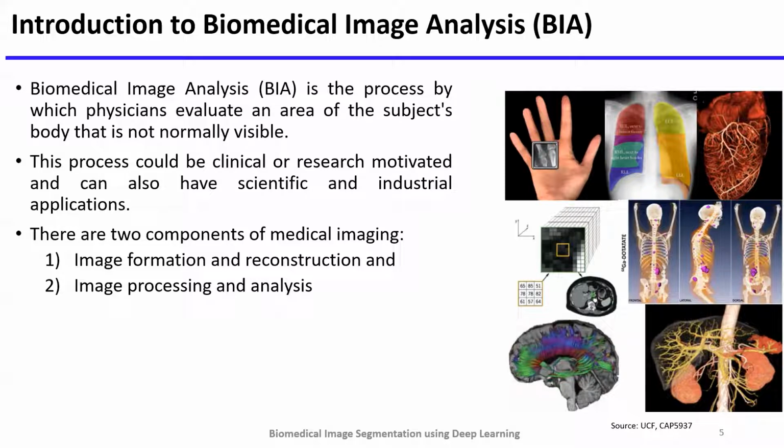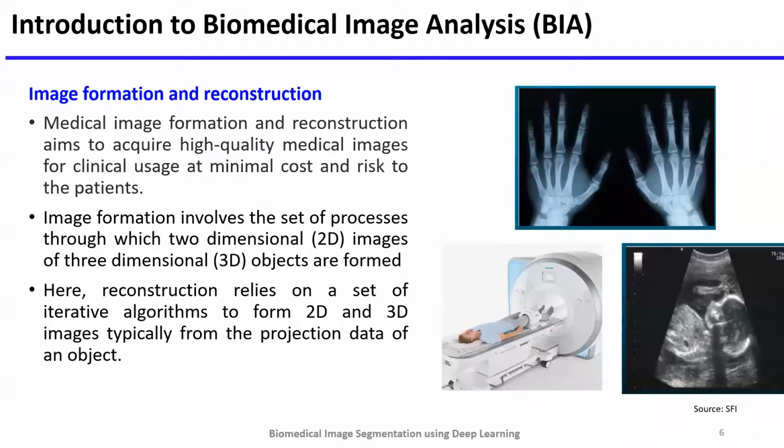Here there are two components of biomedical imaging. First is image formation and reconstruction, and second is image processing and further analysis. So let us talk about image formation and reconstruction. The purpose of image formation and reconstruction is to perform data acquisition so that we can get high quality medical images for the purpose of clinical analysis with minimum cost and without any side effect to the patients.